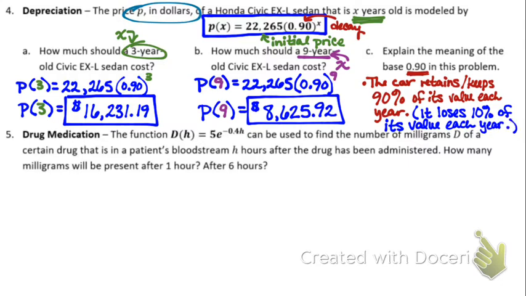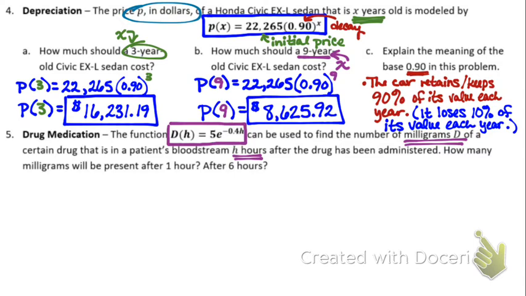All right, drug medication. The function d of h equals 5 times e to the negative 0.4h can be used to find the number of milligrams, d, of a certain drug that is in a patient's bloodstream h hours after the drug has been administered.